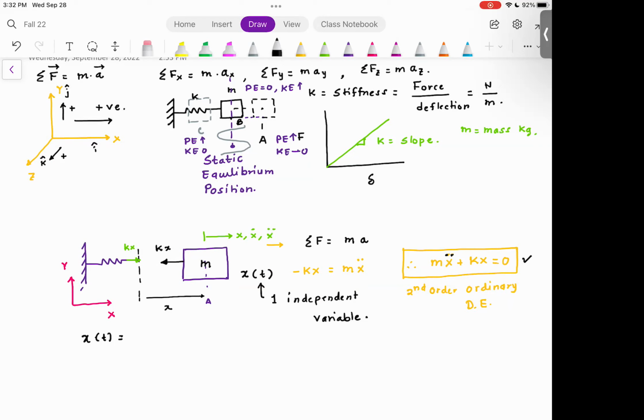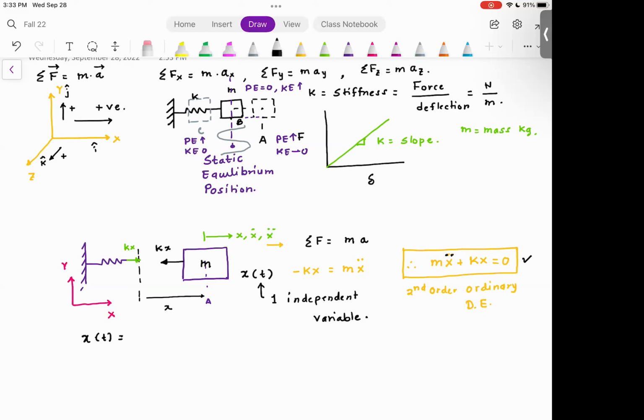So now what we want to do is use the energy-based method. I will give you the first iteration of the energy-based method, and then I will give you the second iteration of the energy-based method. So what are the types of energies in this particular system? There is a kinetic energy and there is a potential energy. Do you agree with me?